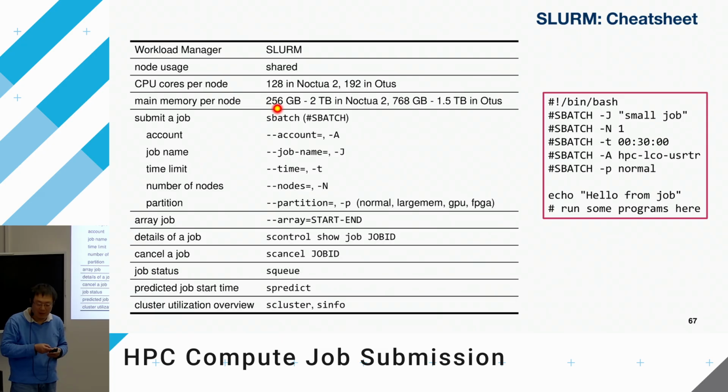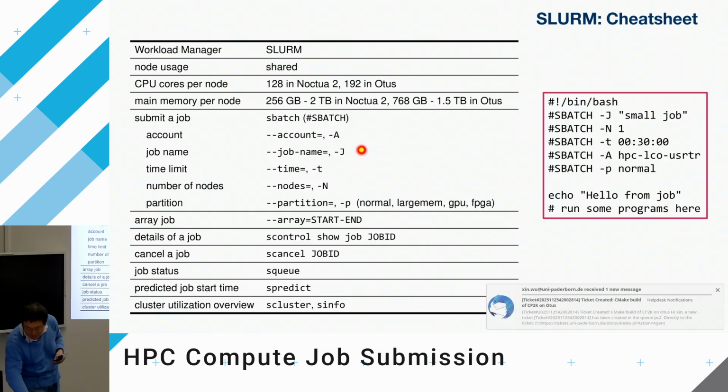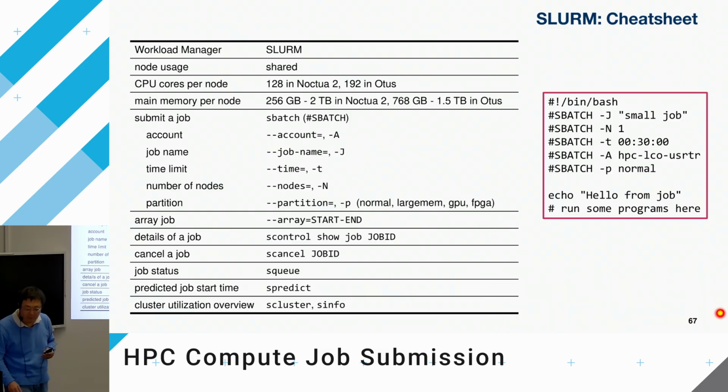If you just specify -n to request one node, normally you will just use the entire node, or the entire node will be allocated without any other options, for example, number of tasks and so on. So this is just some more fine-tuning options there.